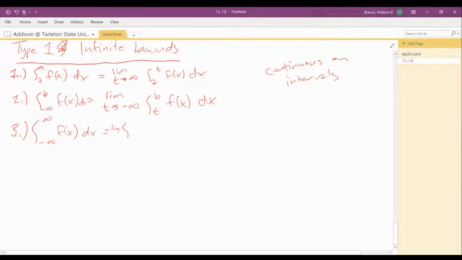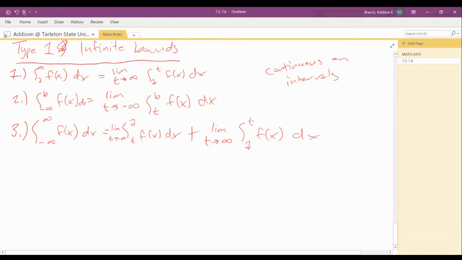We can say the limit as t approaches negative infinity from t to a of f of x, plus our limit as t goes to positive infinity from a to t of f of x dx.